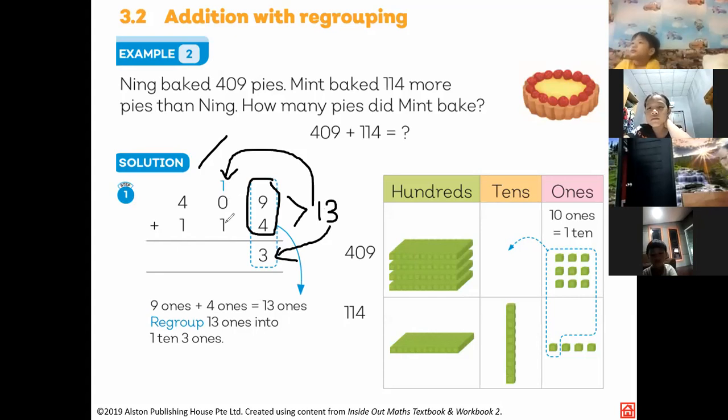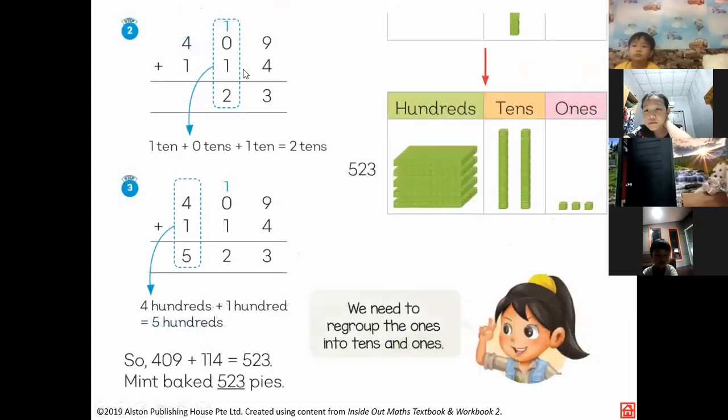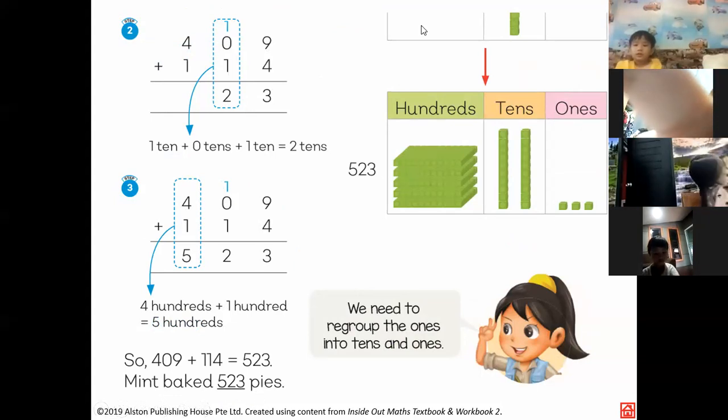So 1 plus 1, that's 2. And then the third step is to add 4 plus 1, that's 5. So the answer for the problem is Mint baked 523 pies.